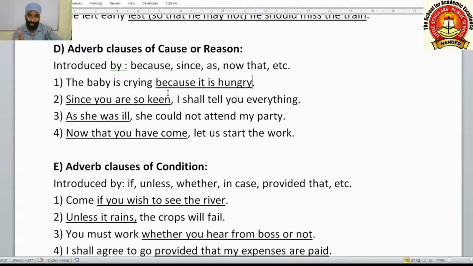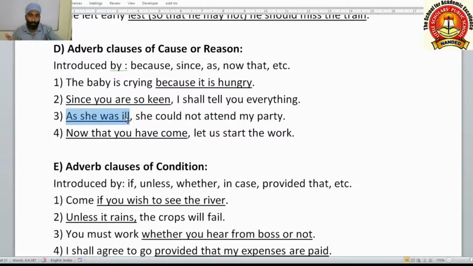Why is the baby crying? Since you are so keen, I shall tell you everything. Why shall I tell you everything? Since you are so keen. Here, since you can use equal to because. As she was ill, she could not attend my party. Why could she not attend this party? Attending this party is over now.